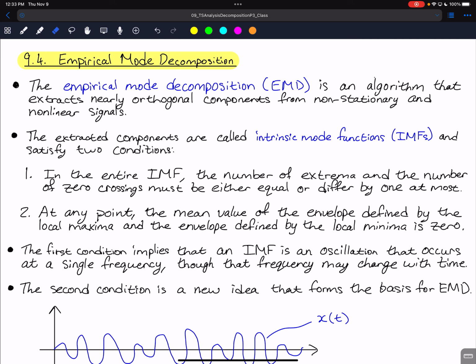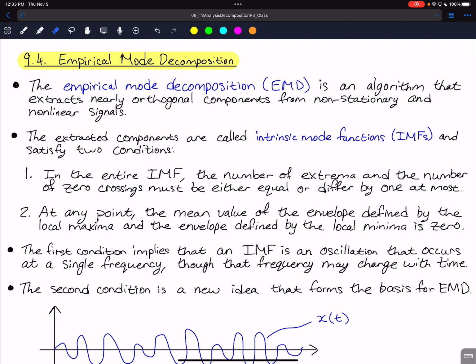The second condition is that the mean value of the envelope defined by the local maxima and the envelope of the local minima is 0. And that is really a new idea that is introduced in EMD and serves as the basis for EMD.